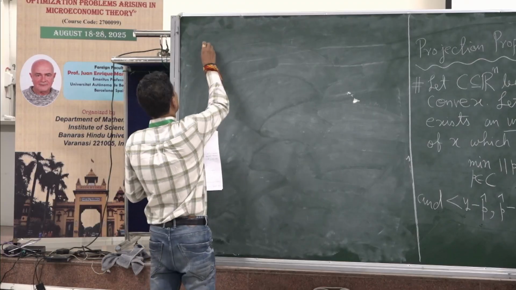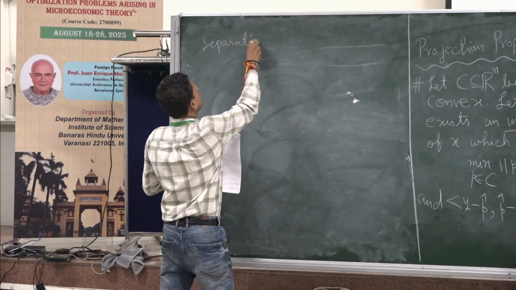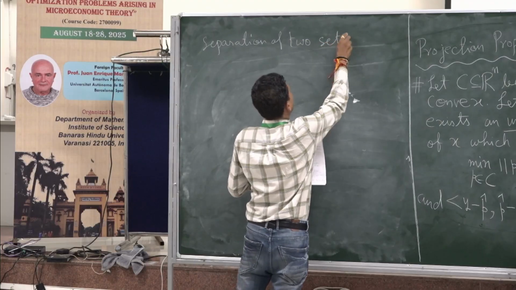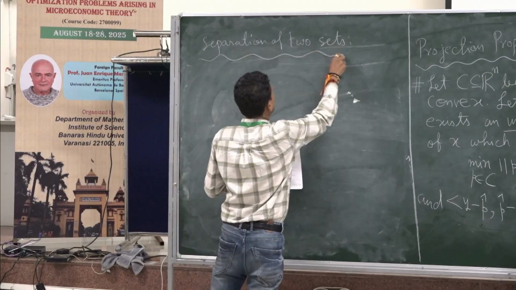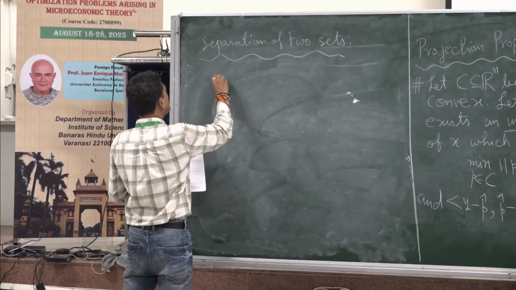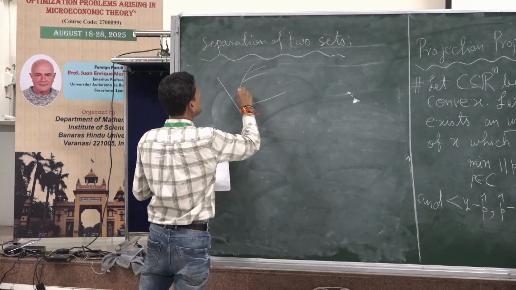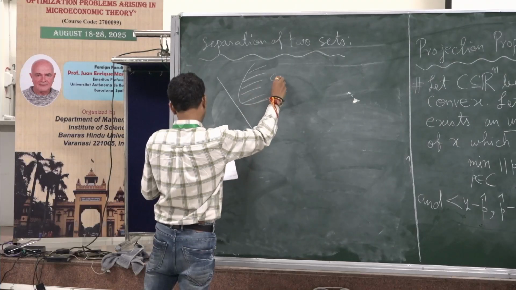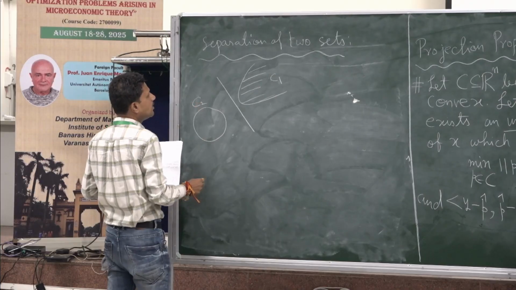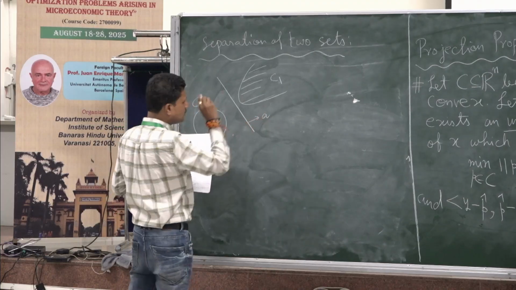Now if we have separation of two sets, let us see how we can use this result. So we can have one set like this, C1, and another set like this, C2, and this is the hyperplane with this normal vector.